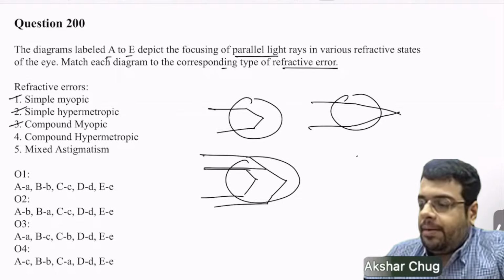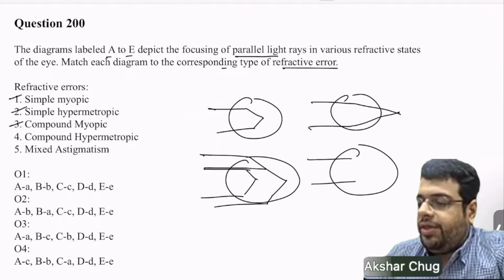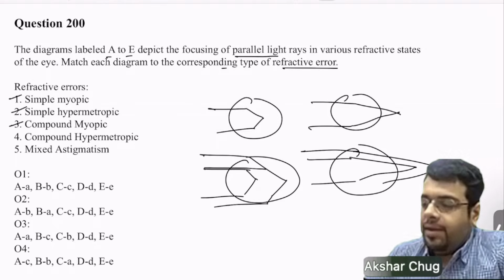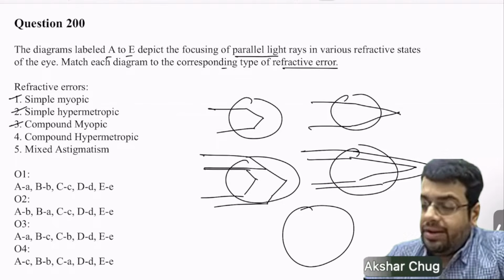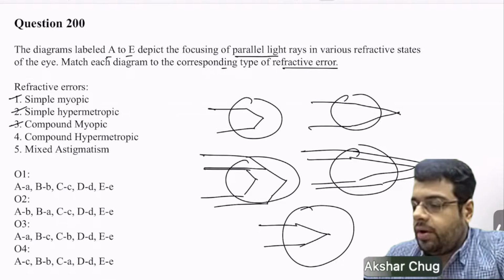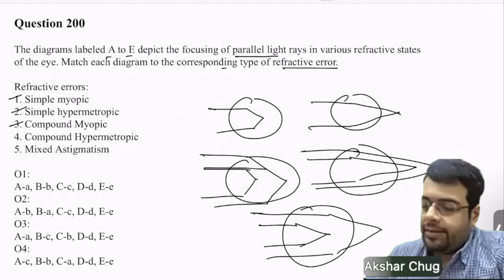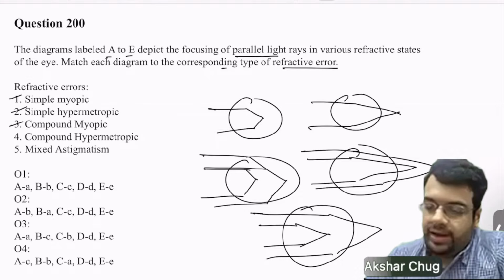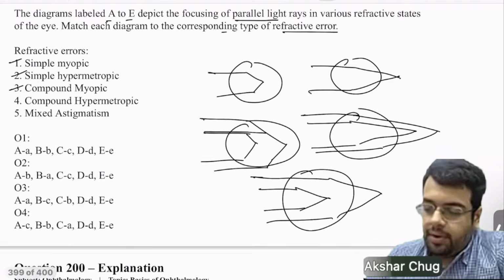Similarly, in compound hypermetropia, all the rays will converge behind the retina. Whereas in mixed astigmatism, some of the rays would converge in front of the retina, while some will converge behind the retina. So these were the images, and you just had to match them.